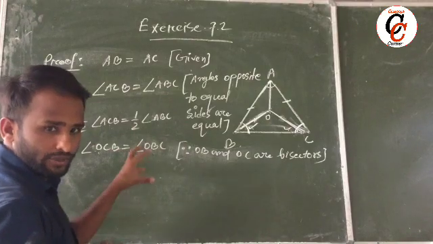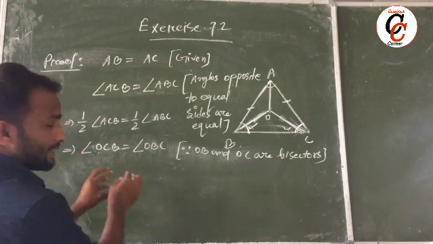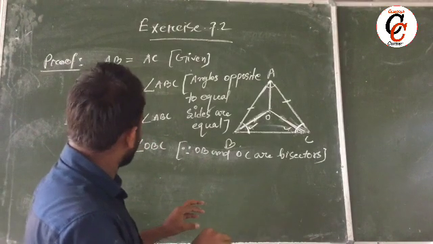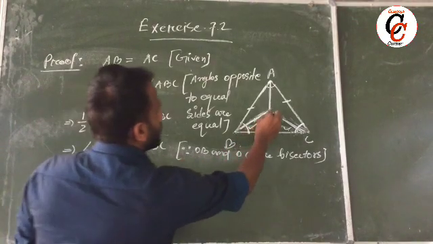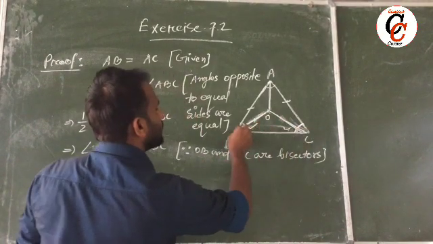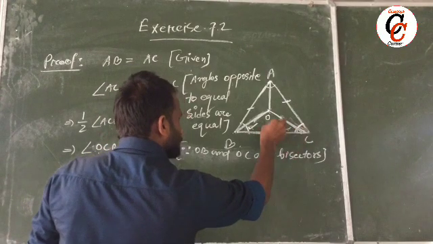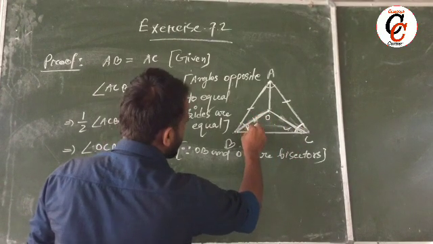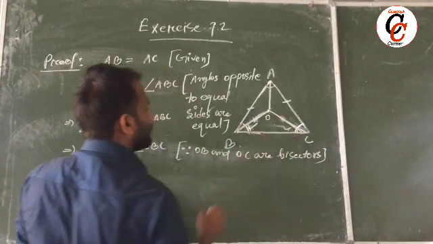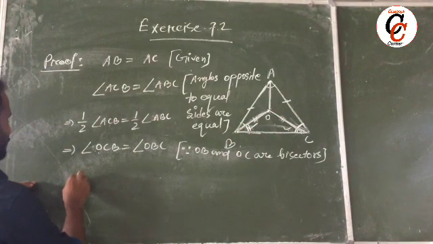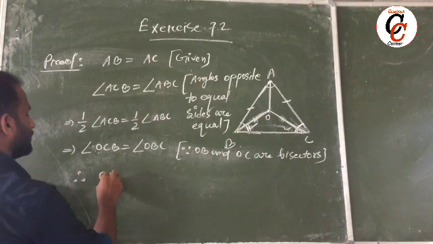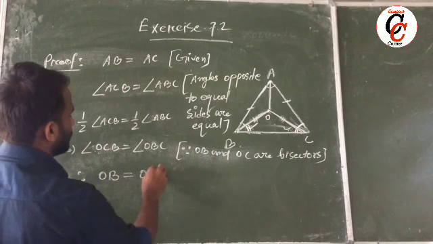Theorem 7.3, we have just proved that sides opposite to equal angles are equal. So since angle OCB is equal to OBC, the opposite side of OCB is OB and the opposite side of OBC is OC. Therefore OB is equal to OC.